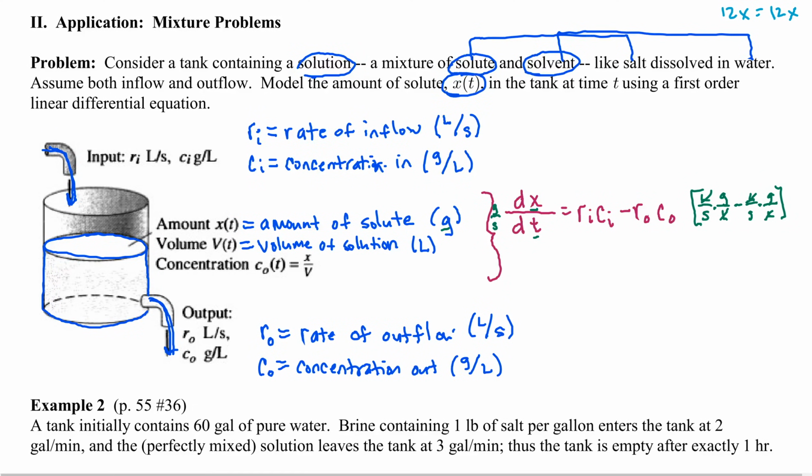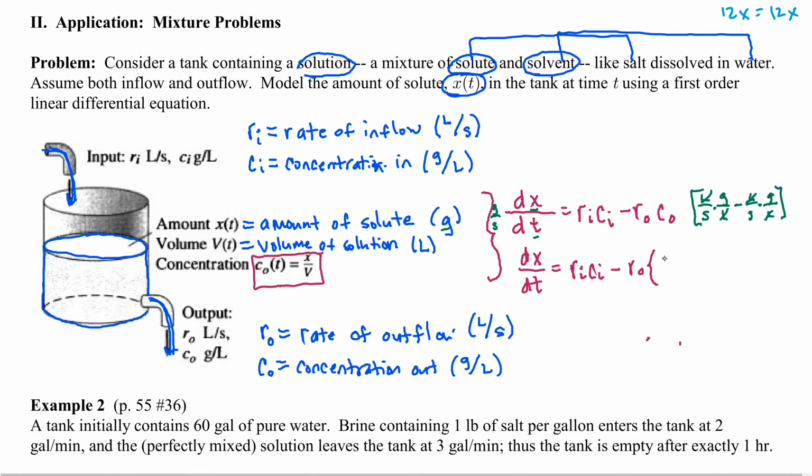Let's add just a little bit more detail to make this a very thorough model. The rate of change of X with respect to T equals rate in, concentration in, Ricci, minus the rate out times the concentration out. Now remember, the concentration out is dependent on the changing amount of the solute in the solvent at any time.